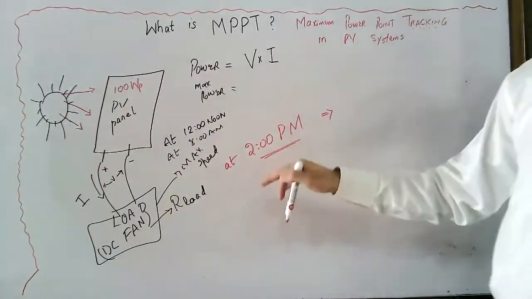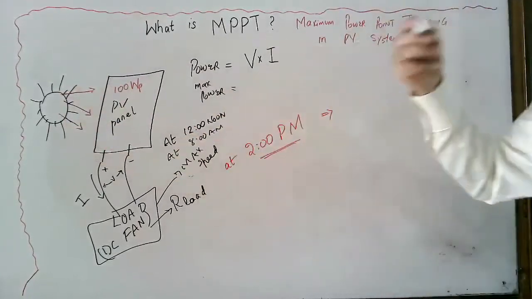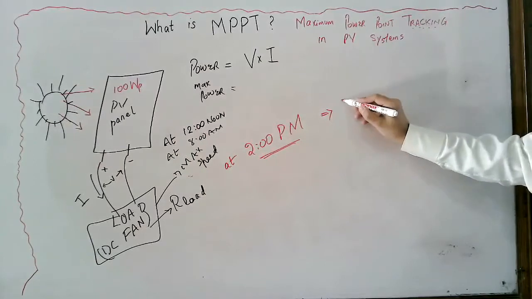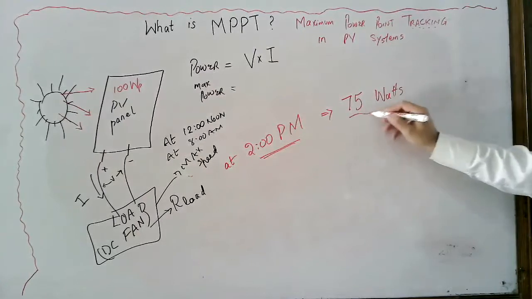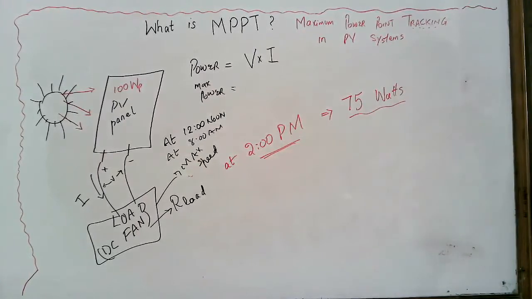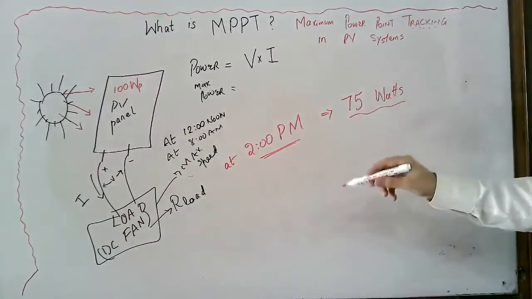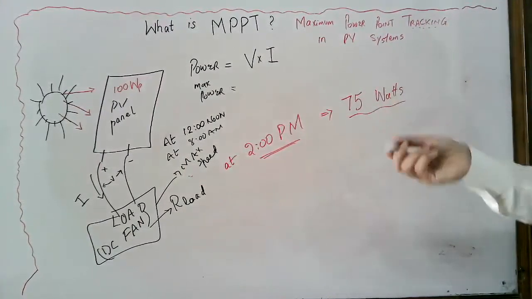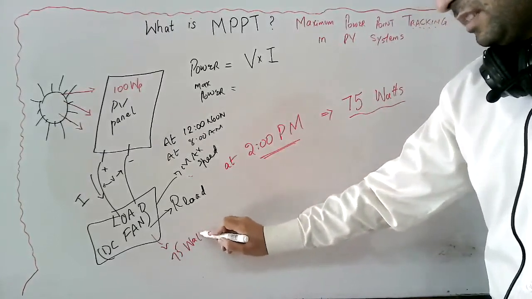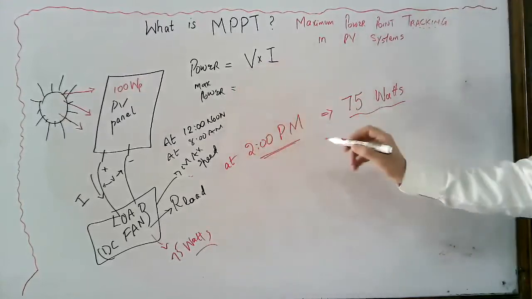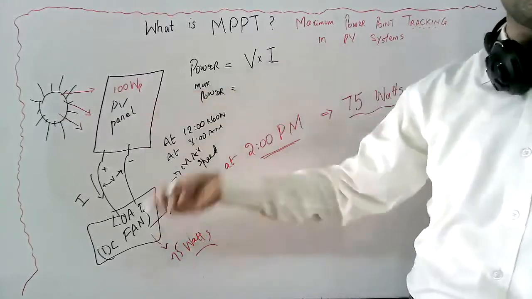Now let's say at 2 p.m. this solar panel is receiving sufficient sunlight that it can provide you 75 watts. But your load, although let's say it is a 75 watt load, is not actually drawing this much power from this panel.